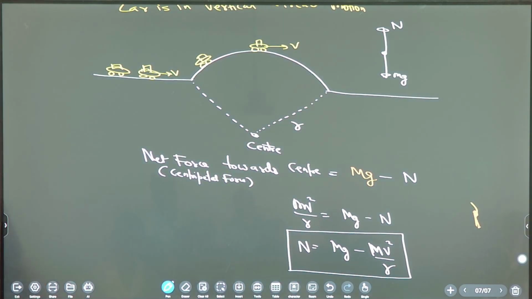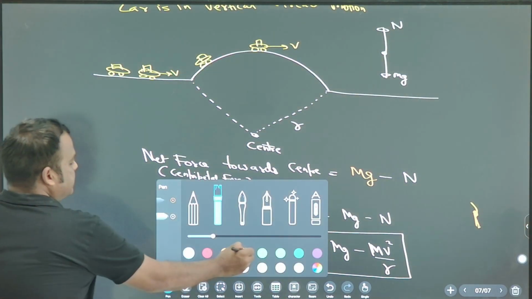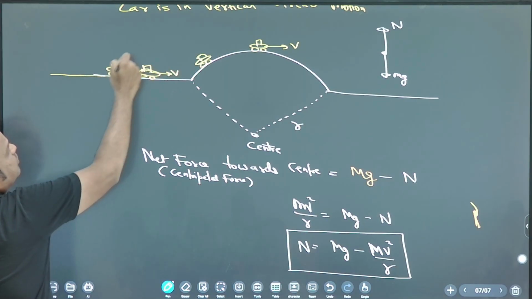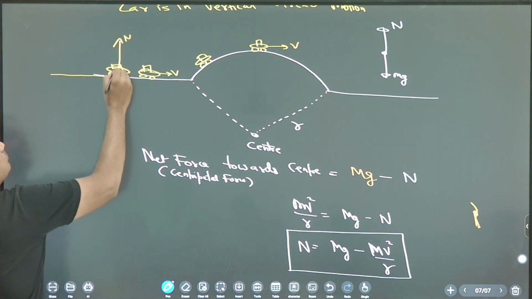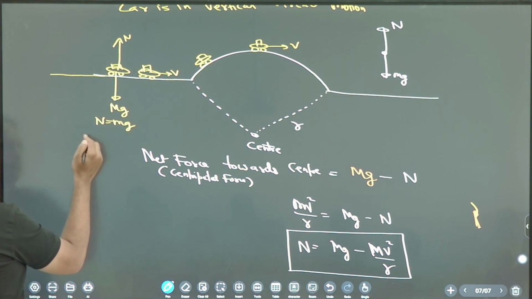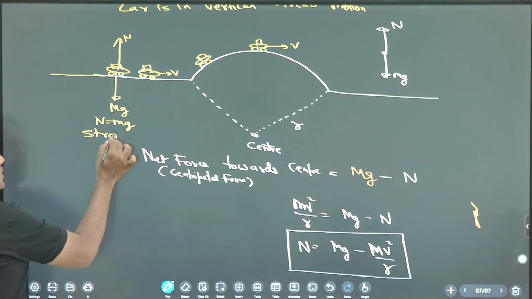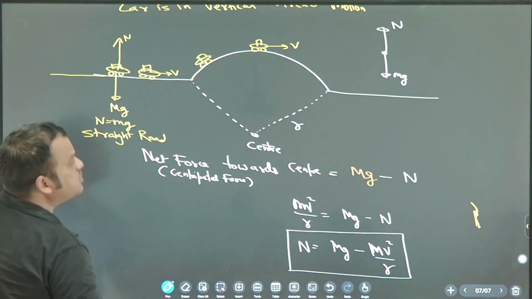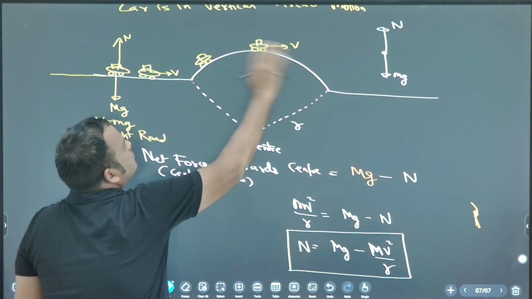Normal decreases. When the car is going on a straight road, what is the normal value? Mg. When the road is straight, like this. Now the road is curved.